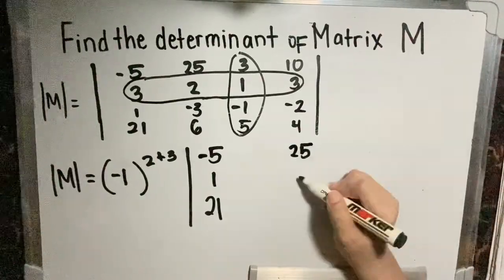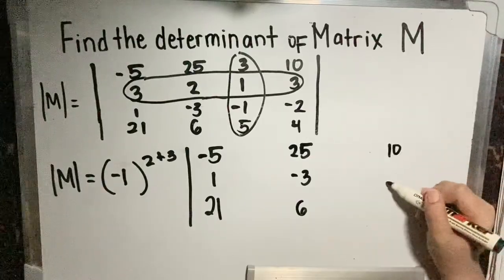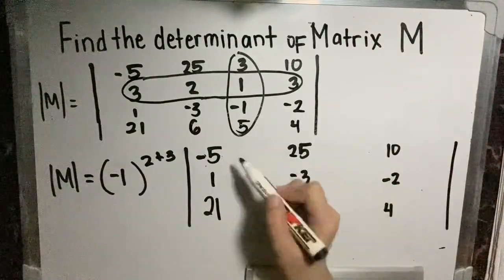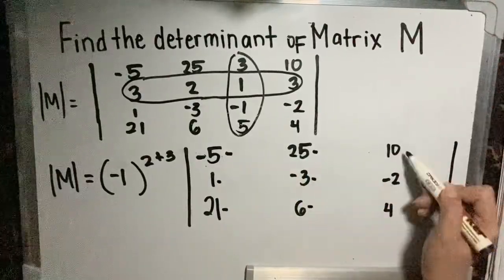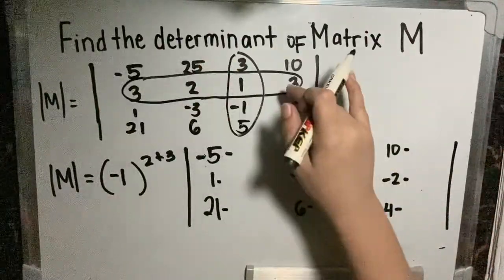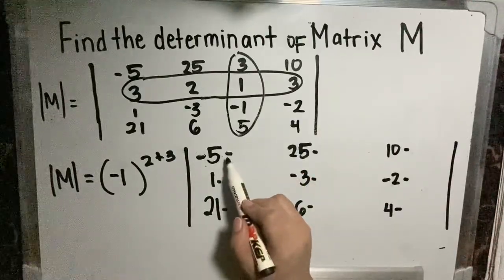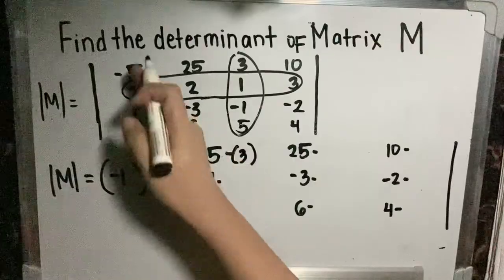25, negative 3, 6, and 10, negative 2, and 4. And now, we are going to subtract all of the remaining elements sa product ng ating pivotal column and pivotal row. Saan? Nag-intersect yung pivot point natin. So, negative 5 minus 3 multiply by 3.